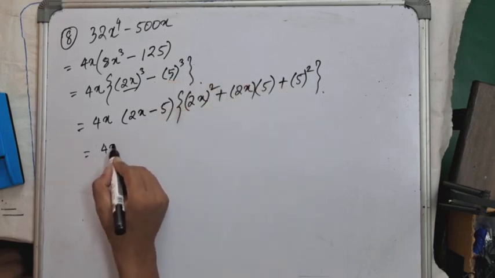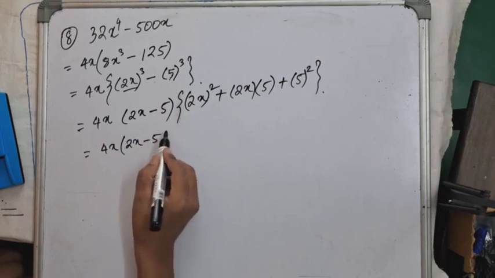So this 4x into 2x minus 5 we write here as it is.